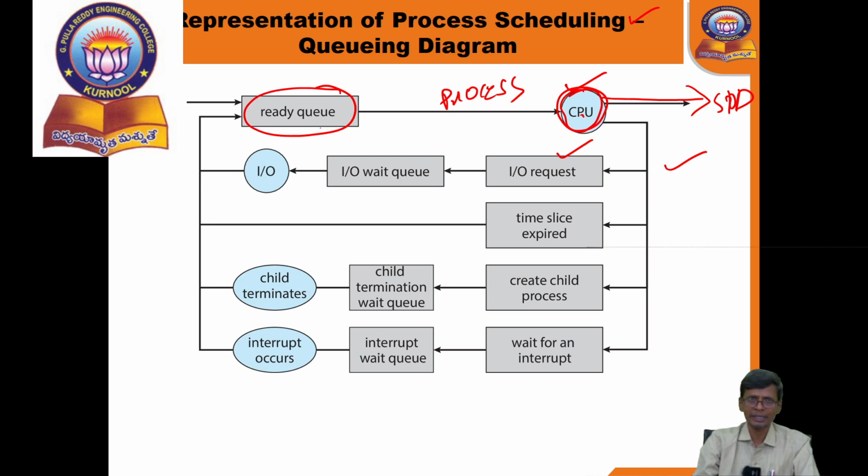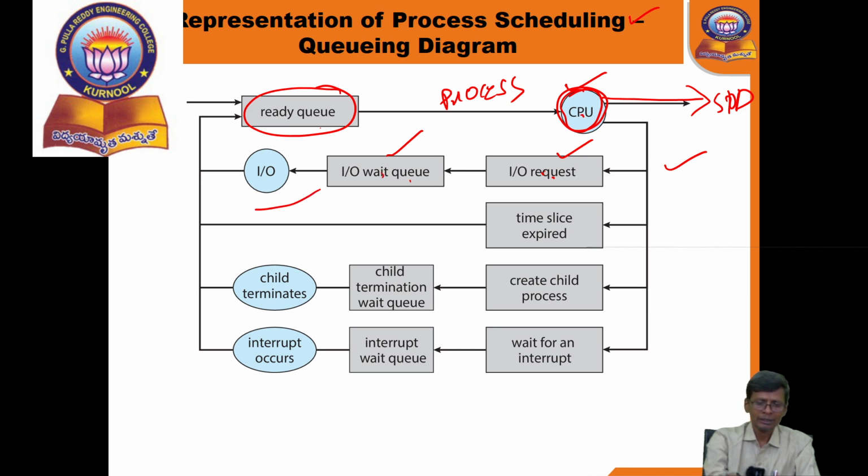Whenever the process wants to access an input or output device, that process will be placed in the device queue or wait queue. We have already discussed the device queue or wait queue. And after accessing the input or output device, the process has to restart the execution.